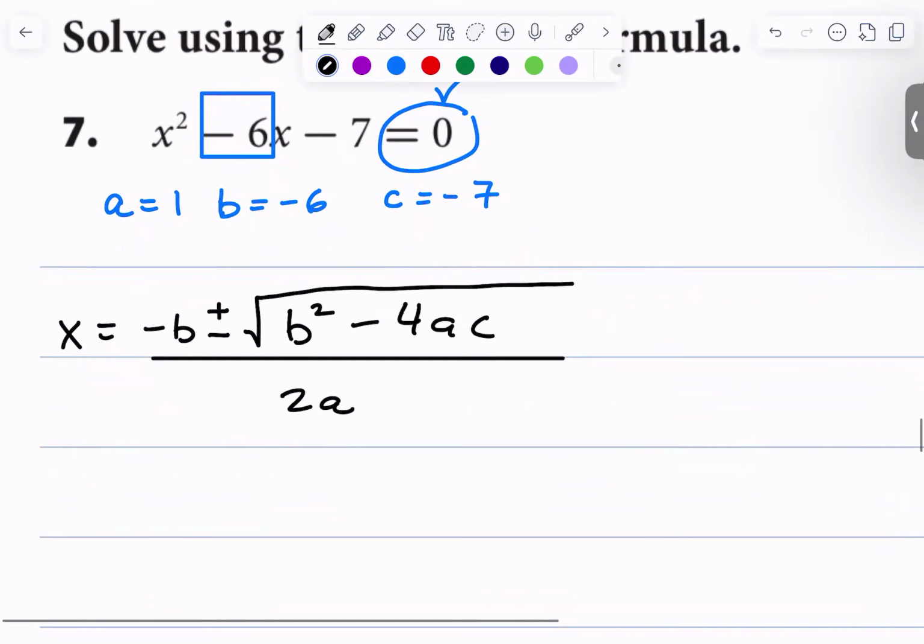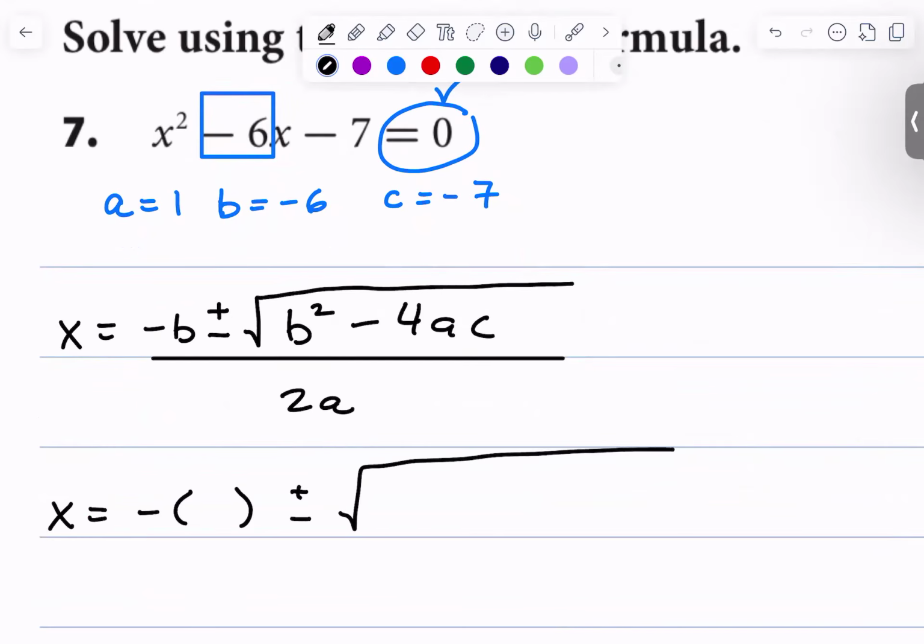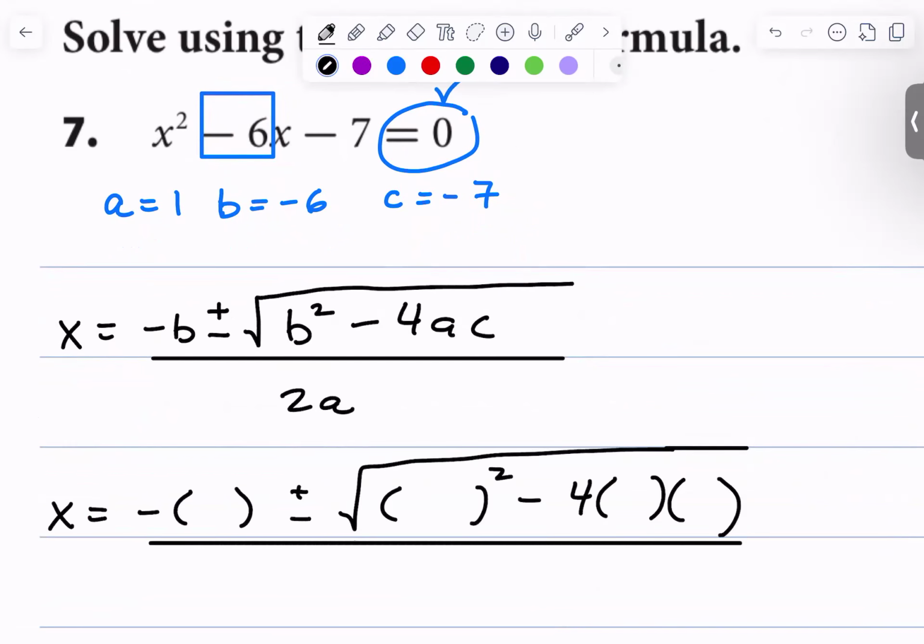So I'm going to rewrite it as x equals -b plus or minus square root b squared minus 4ac all over 2a. So just plopping in the numbers, -b is -(-6) plus or minus square root of -6 squared minus 4 times 1 times -7 over 2 times 1, right?